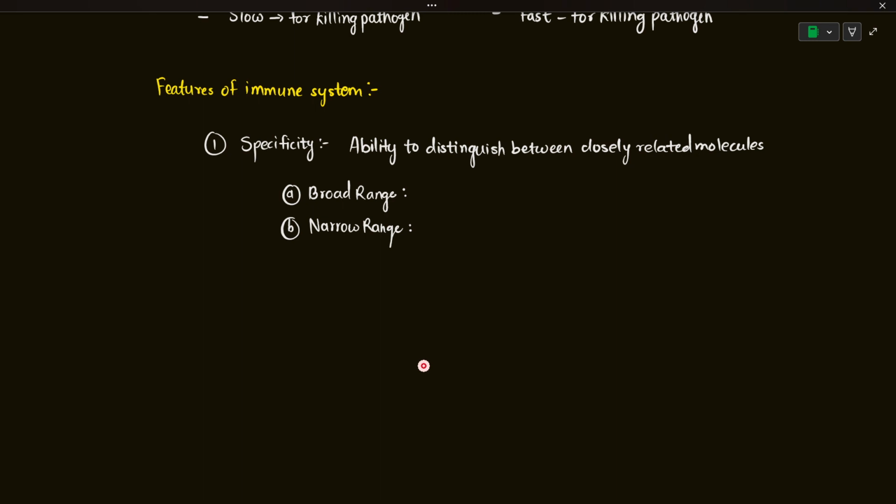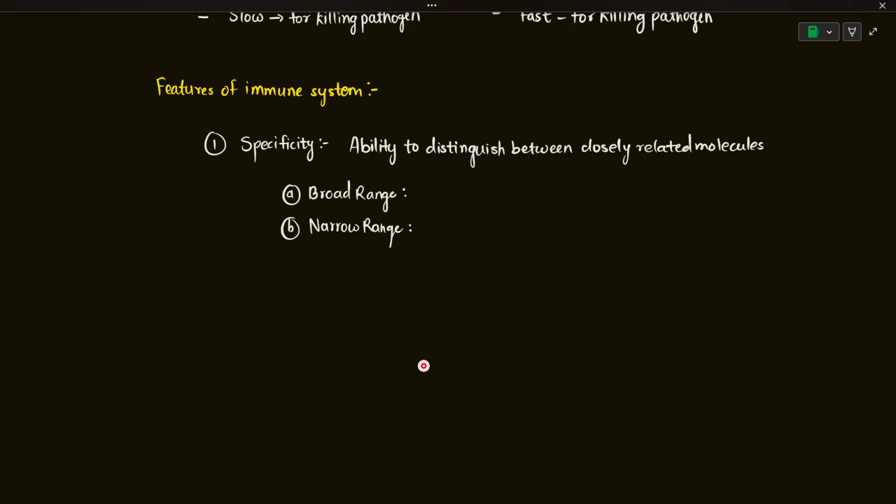Antigens which are going to elicit or evoke the immune response are known as immunogens. So I'm talking about immunogens specifically, which are recognized by our immune system, and our immune system is going to respond to them. So the immune response will be activated. I'm talking about those immunogens that are being recognized by antibodies.